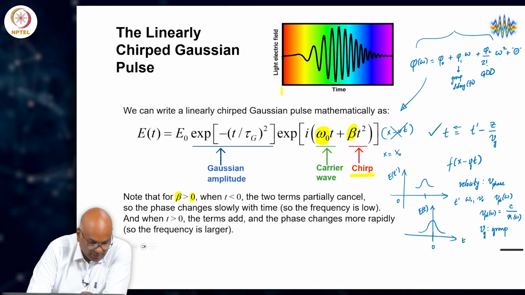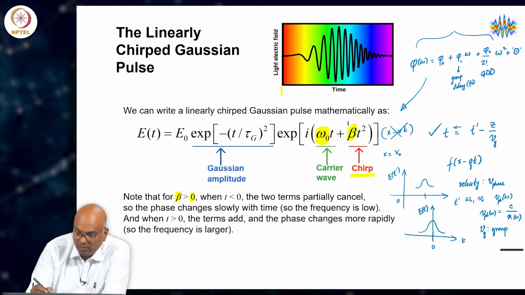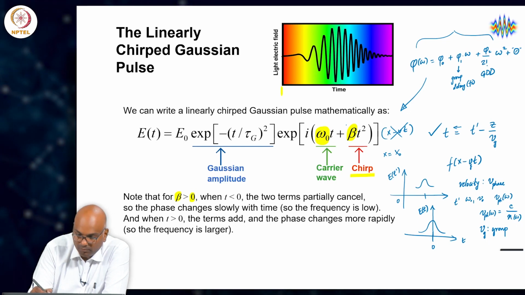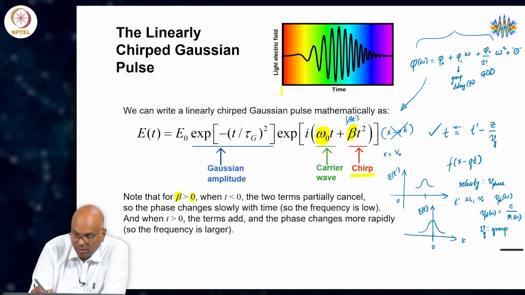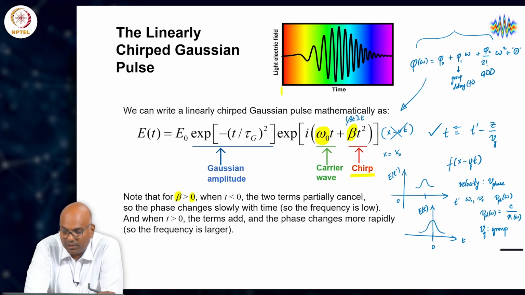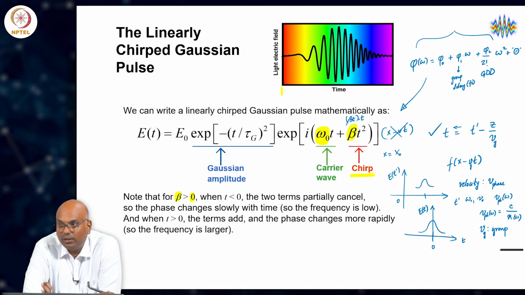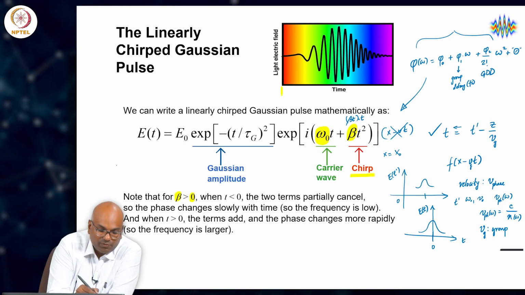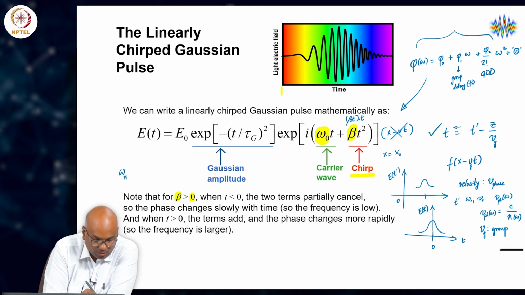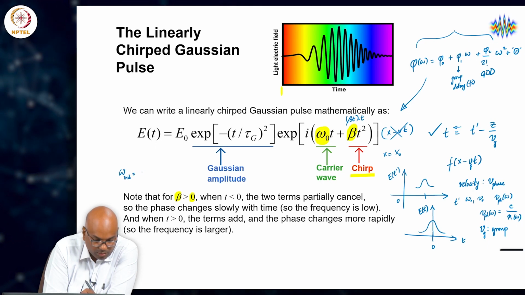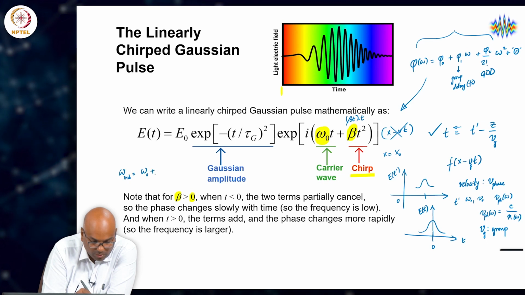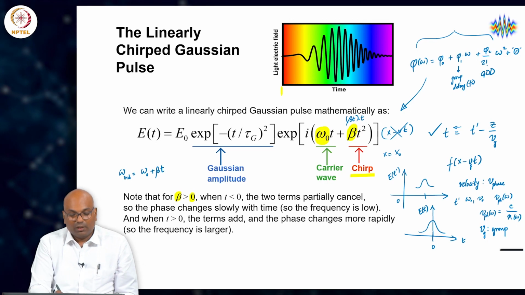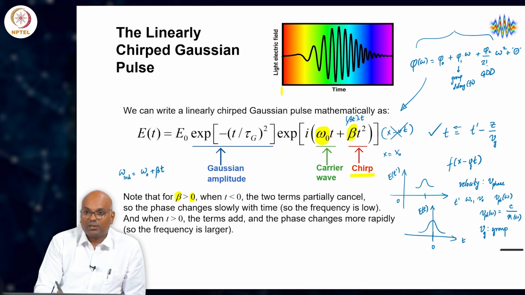Now, think of the second term here as beta t times t, factor out the t. So, it is omega naught plus beta t is the instantaneous frequency. But t takes values lesser and greater than 0 in this description.